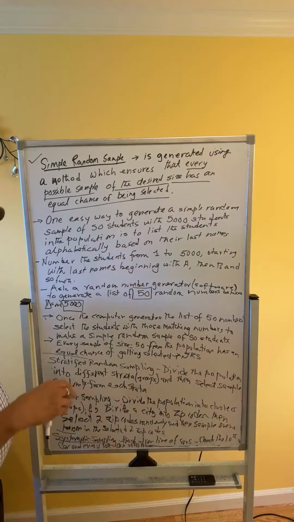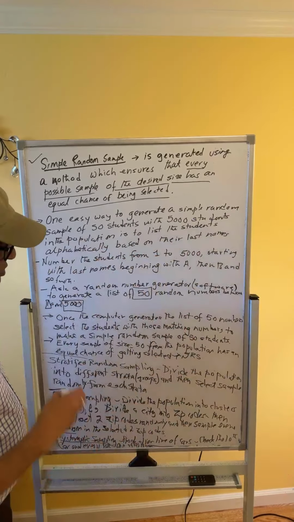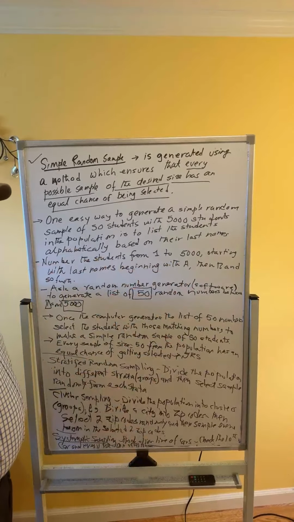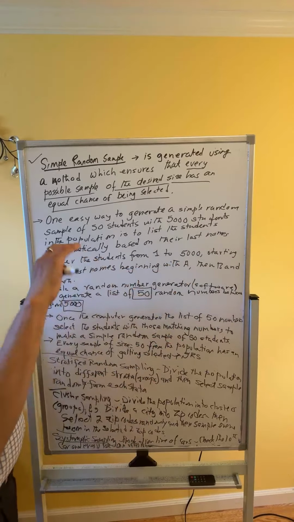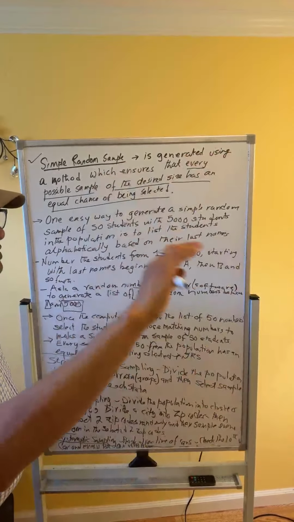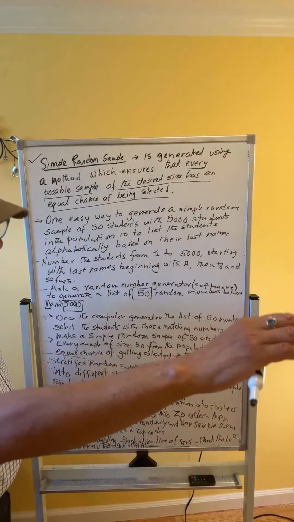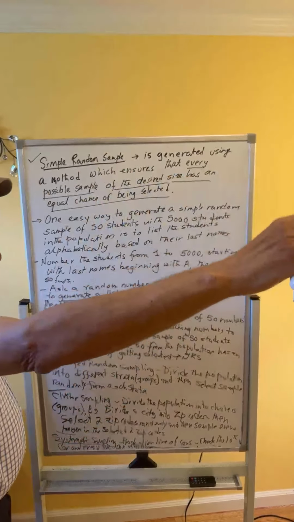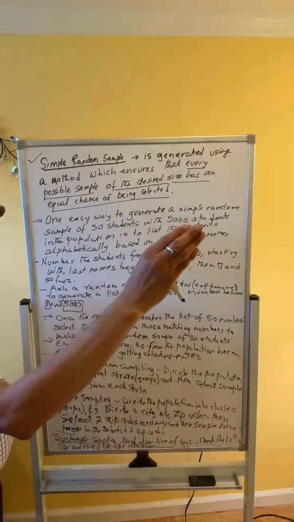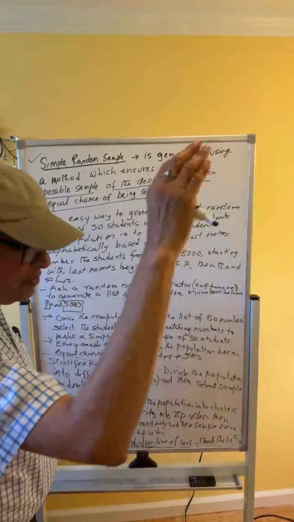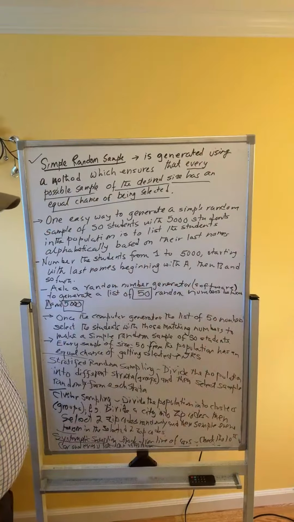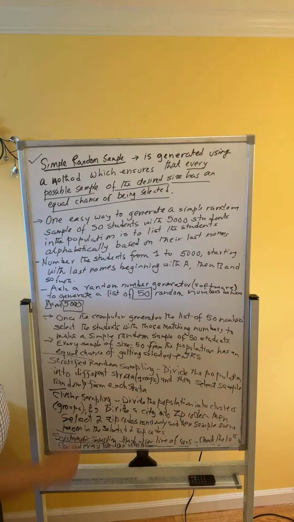In this way, we will ensure that every sample of size 50 will have an equal chance of getting selected, because every time the random number generator will generate a list of 50 different numbers. We have to restrict the numbers from 1 to 5,000 because the total population is 5,000 students. Okay, so simple random sample is the best.